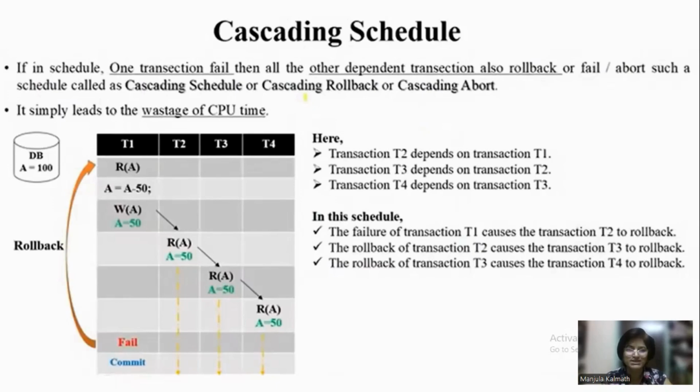And here we have cascadeless. Cascadeless means the remaining transactions should read only after the first transaction commits. After updating, it has to commit, and then the others go for read. In that case, after committing, there is no rollback possibility. And one more thing: if it is rolled back before committing itself, these transactions were not reading the data, so there is no problem.